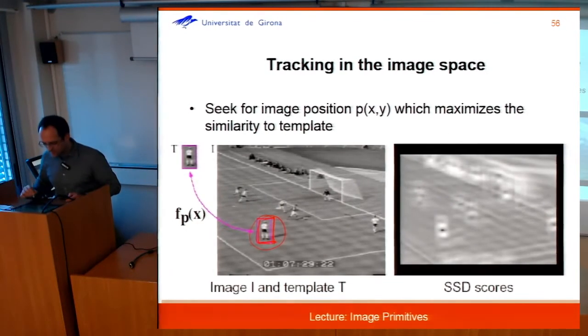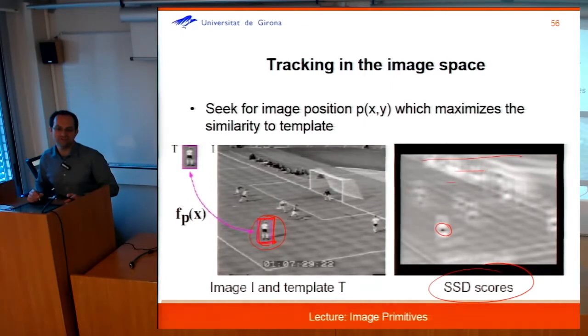I correlate this rectangular window with all the points in the next image, 40 milliseconds later. Of course, this player didn't change position or didn't change much in shape from one image to the next in 40 milliseconds. And if you do this correlation, you see, in this case it's not a correlation, it's the sum of square differences. You see that you have big change all around, but you have a black patch here.